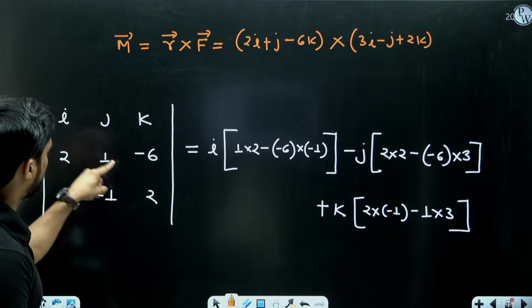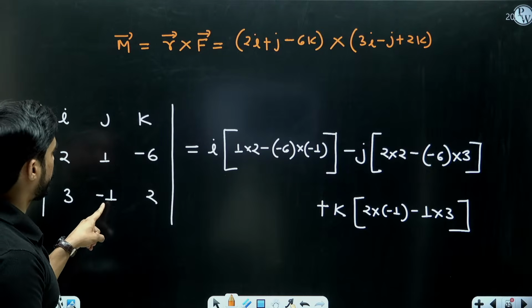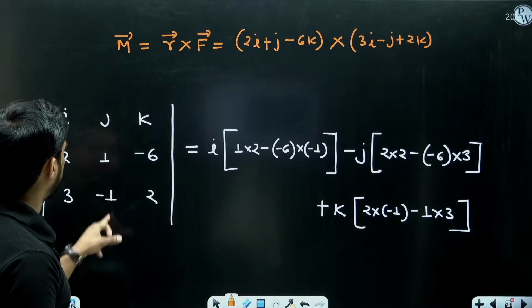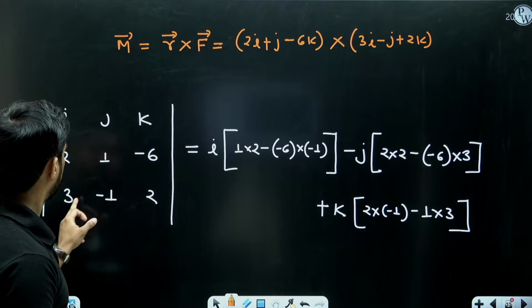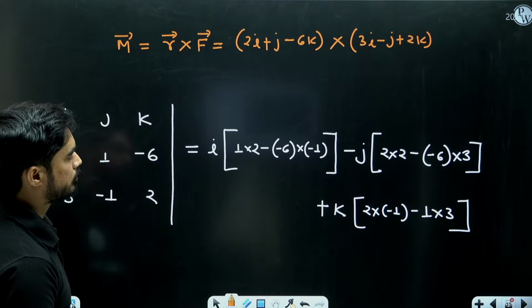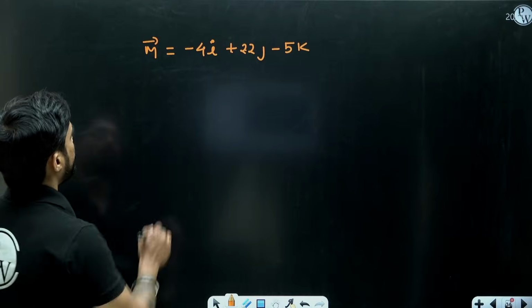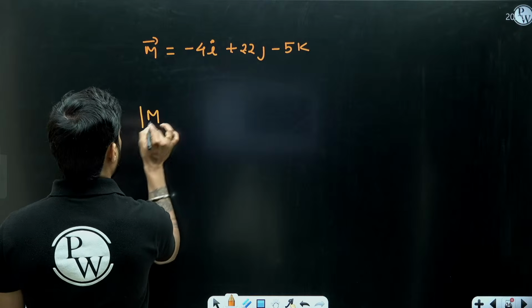So i will be 2 minus 6, minus 4, minus j, 4 minus 18. Okay. Now we have got the moment vector.